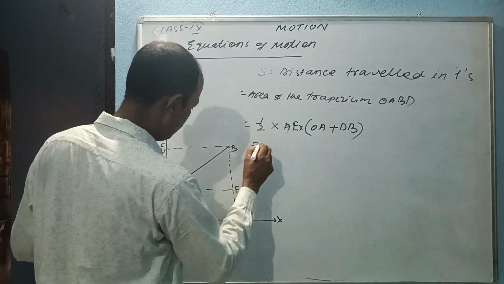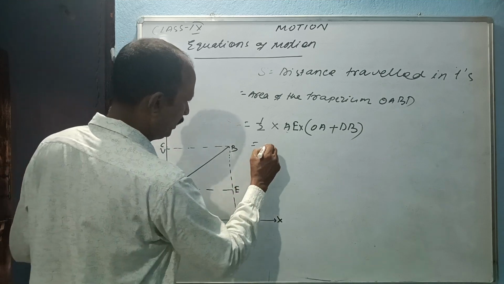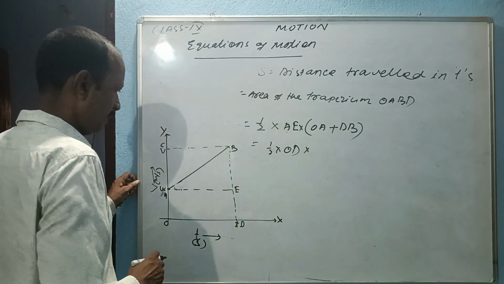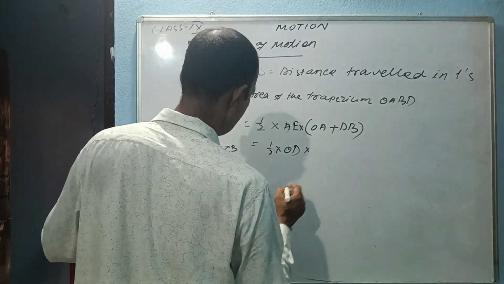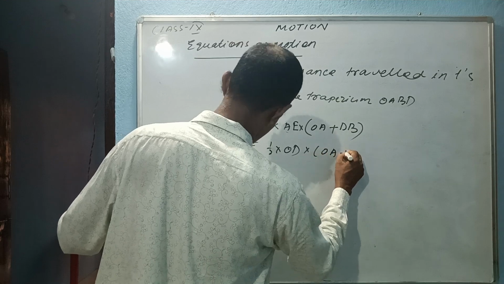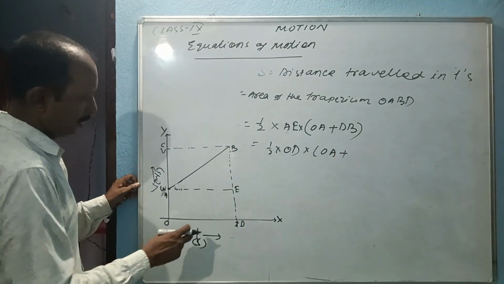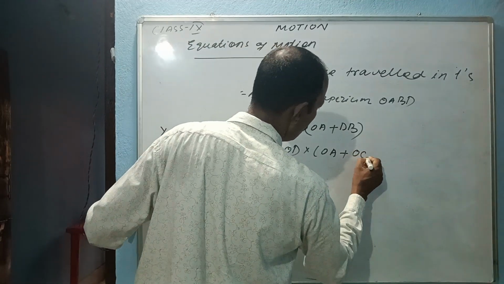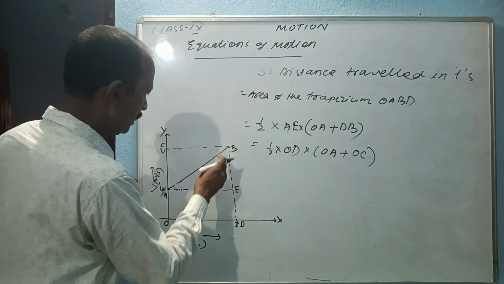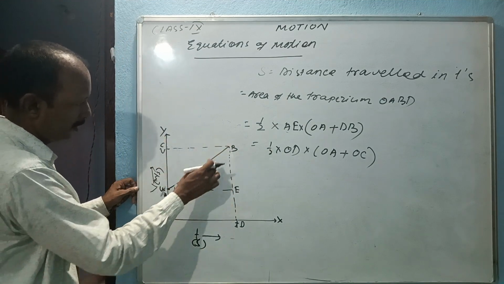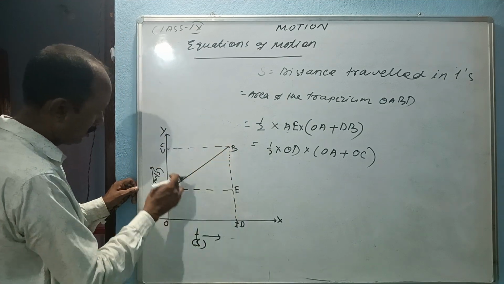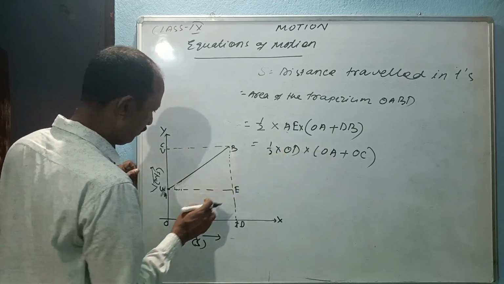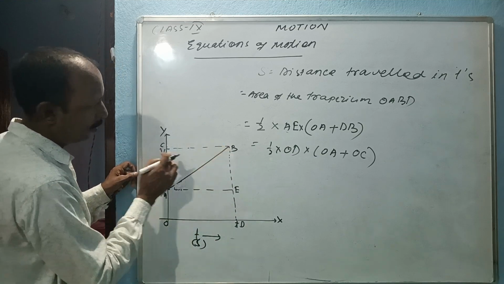Okay, so in place of AE you can write half into OD into OA plus DB. In place of DB you can write OC, because this one is parallel. See here, B to D is how much, C to O is also that much. So in place of DB I have written OC.